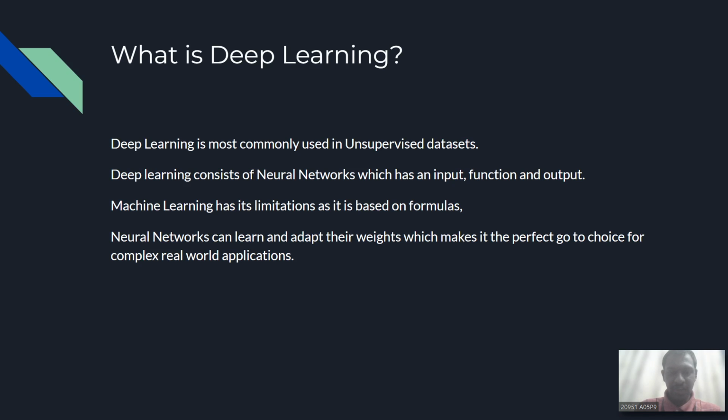Machine learning has its limitations as it is based on formulas. In machine learning, we basically use formulas to interpret the data, and it's very good at supervised datasets, but not with unsupervised datasets.